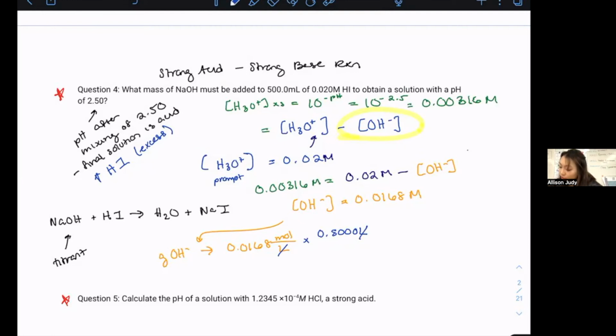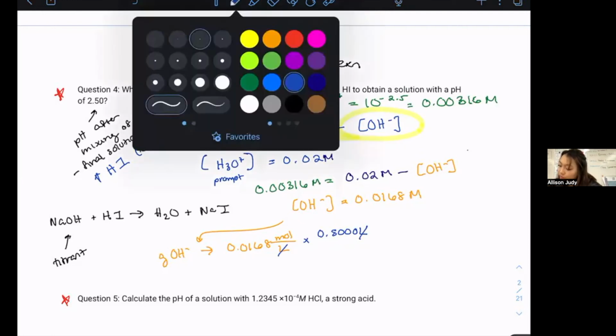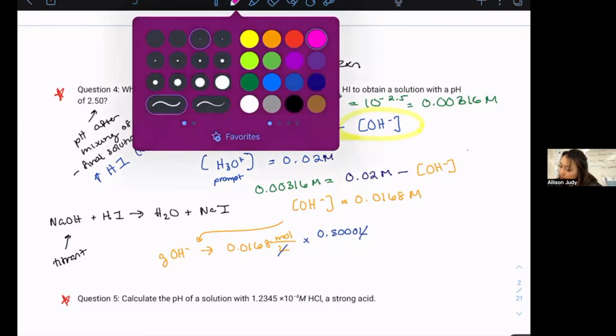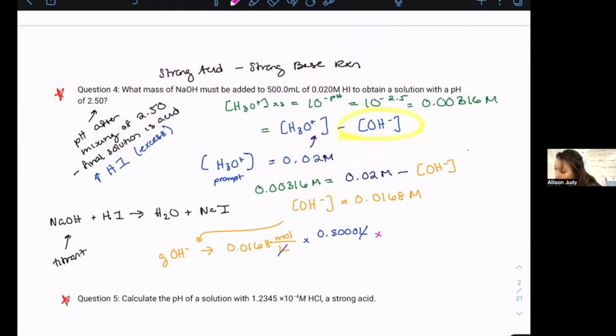So now I'm going to do times, let me do a different color. Times, well, what's the molar mass of NaOH? Well, I know for NaOH, the molar mass is about 40 grams of NaOH for every 1 mole of NaOH. And that cancels out my moles, and now I'm left with grams of NaOH.